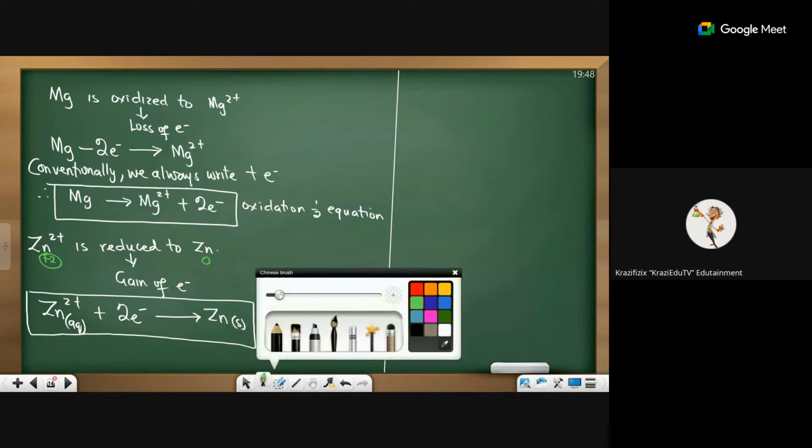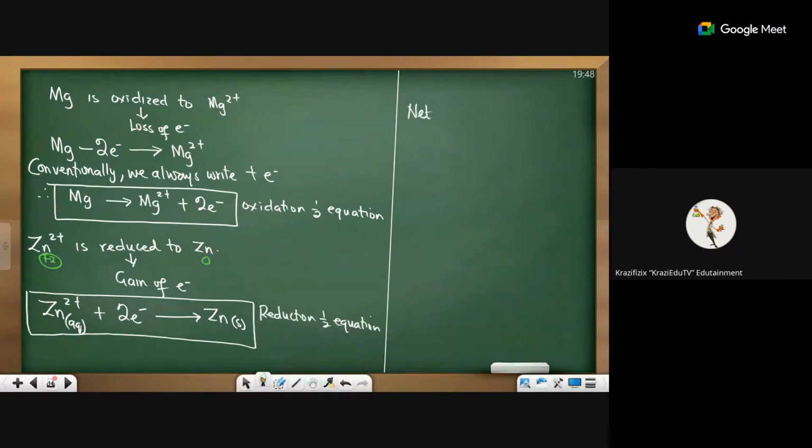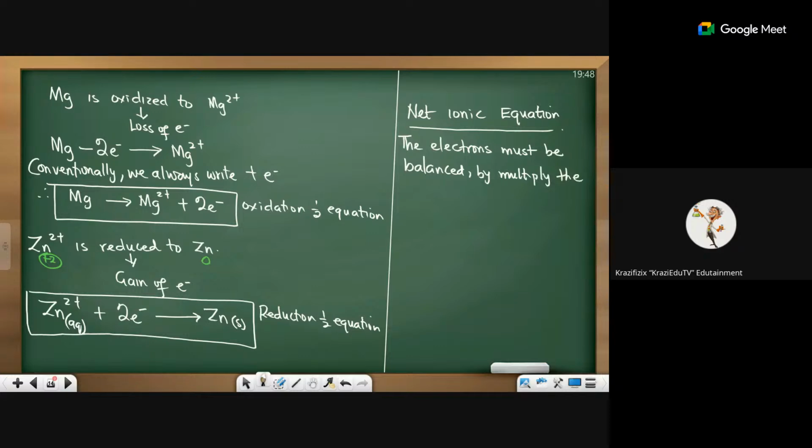Now, my net ionic equation. Net ionic what? Equation. The electrons must be balanced by multiplying with the number of electrons from the other equation.